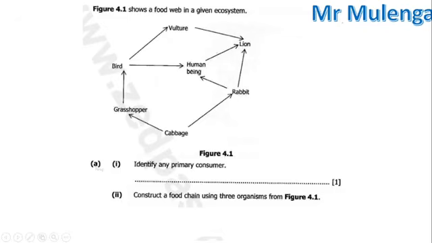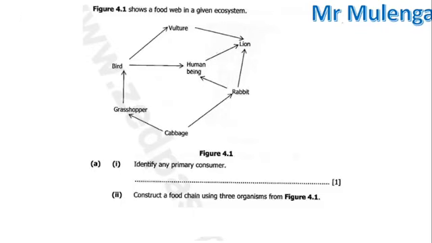So we're going to start with our question A1. Identify any primary consumer. So we need to identify any primary consumer from this food web, and you are going to score a mark. So first of all, you need to understand what a primary consumer is. A primary consumer is an organism that eats producers. Producers are plants or algae.